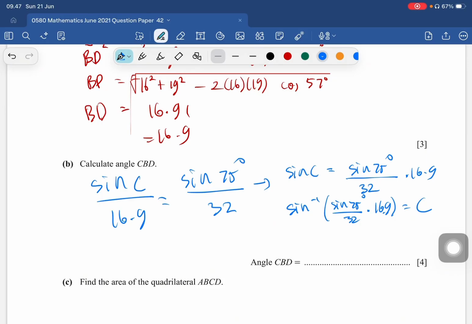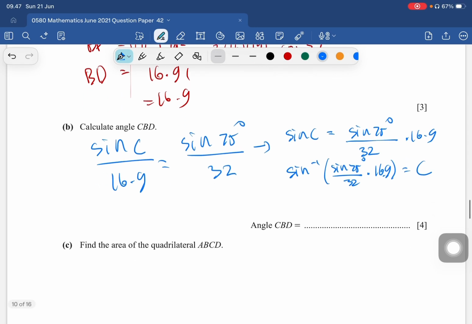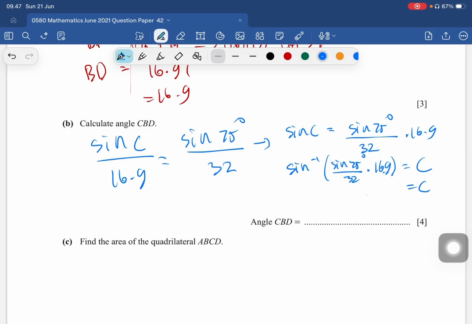So use a calculator. We make it inverse sin, sin 75, divided by 32, then multiplied by 16.9. Okay, so we got C is 30.7.